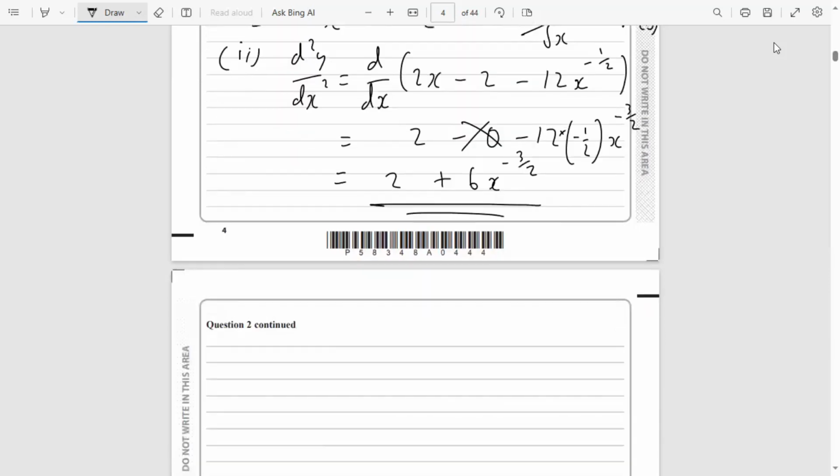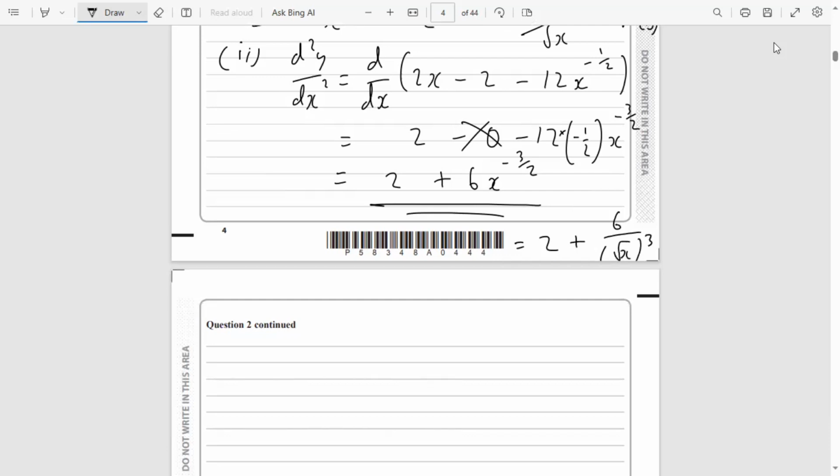Again, if you really wanted to, you could rewrite this 6x to the minus 3 over 2 in terms of a surd. You could say this is the same as 6 over the square root of x to the power of 3.